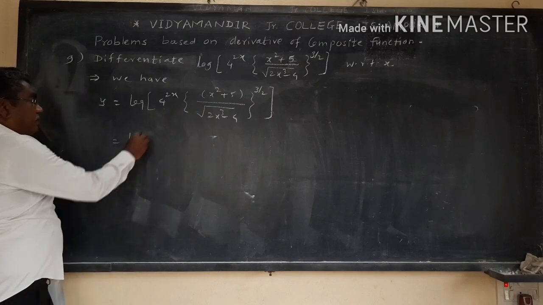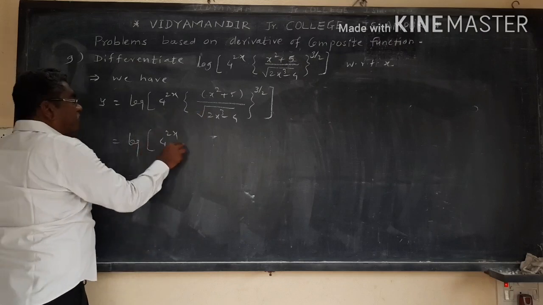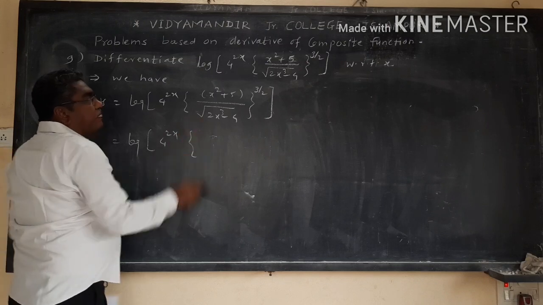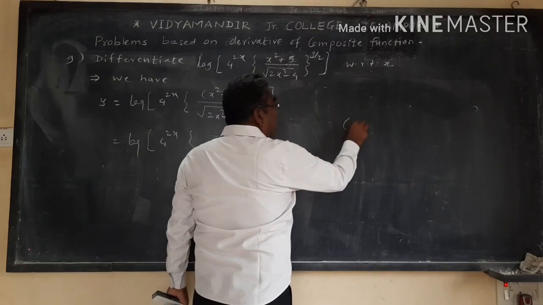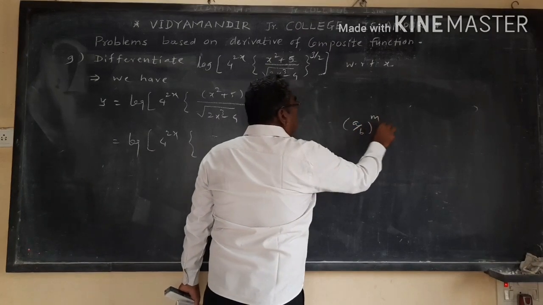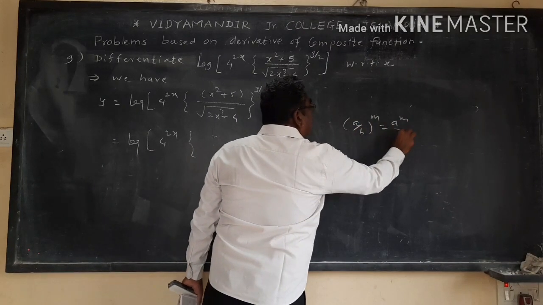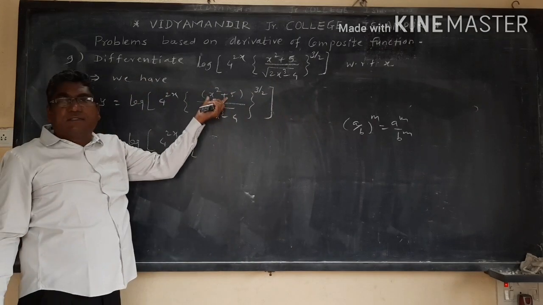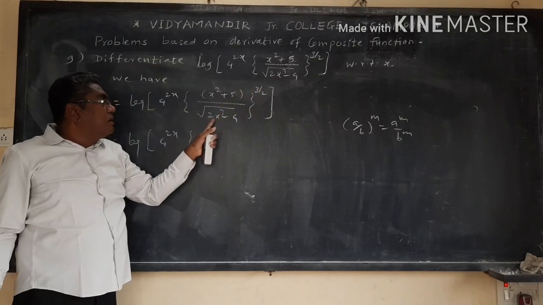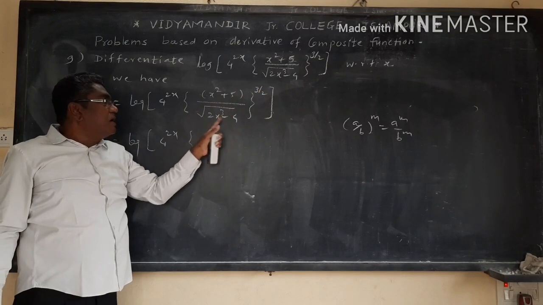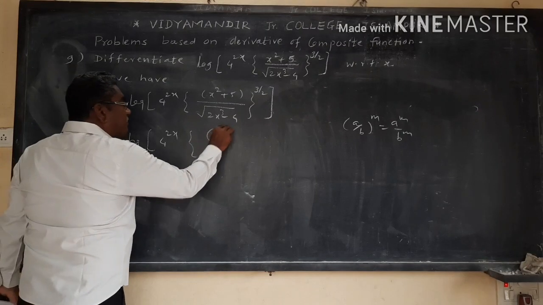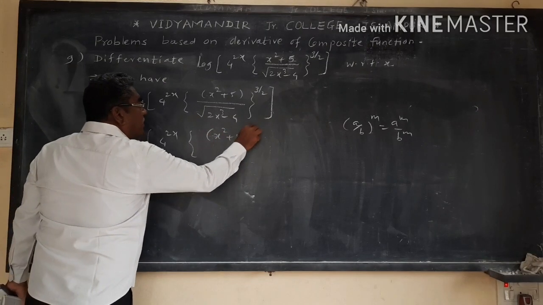Log of 4 raised to 2x into a upon b raised to m, a raised to m upon b raised to m. Numerator: x square plus 5 raised to 3 by 2, and denominator: root 2x cube minus 4 raised to 3 by 2.